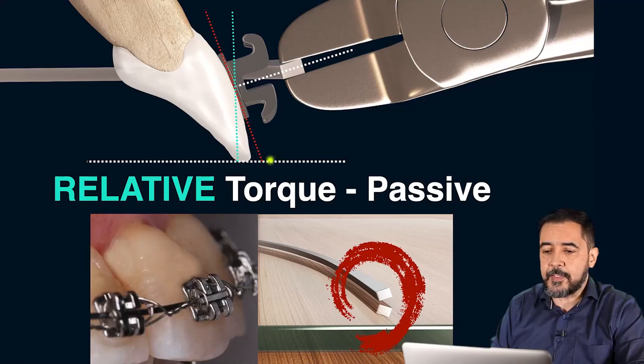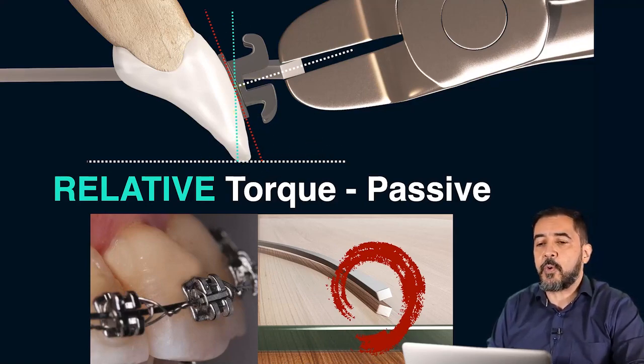This line is a horizontal reference, and here we have this perpendicular line going through the center of our crown. So we have this inclination related to the vertical, which is the same inclination we have here related to the horizontal.